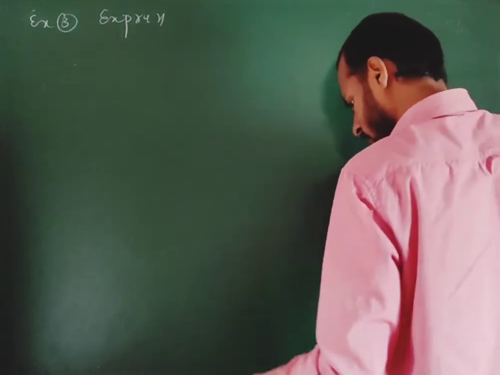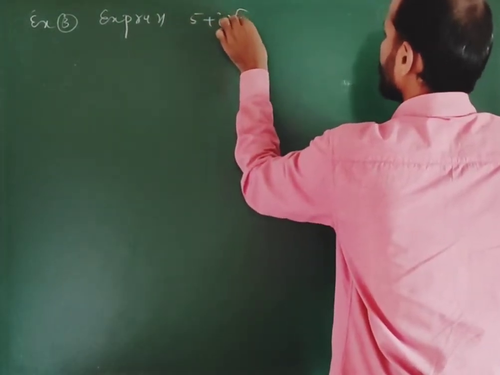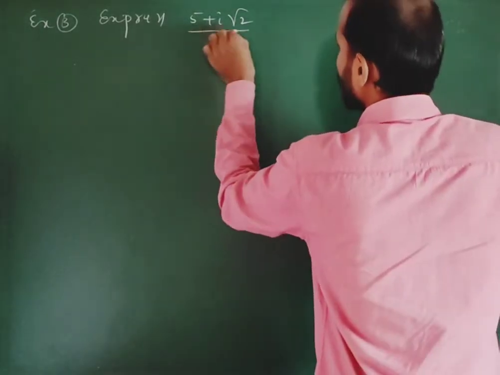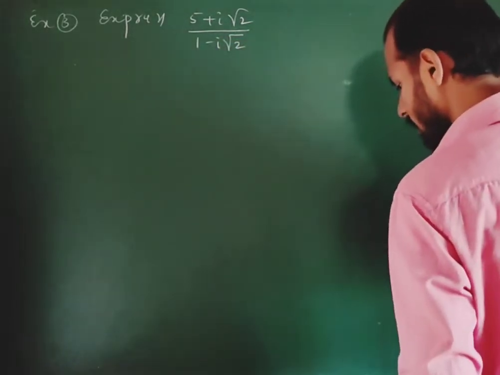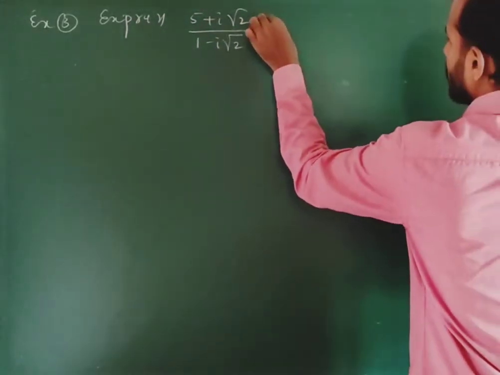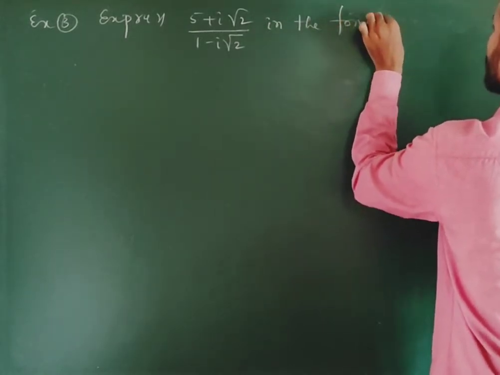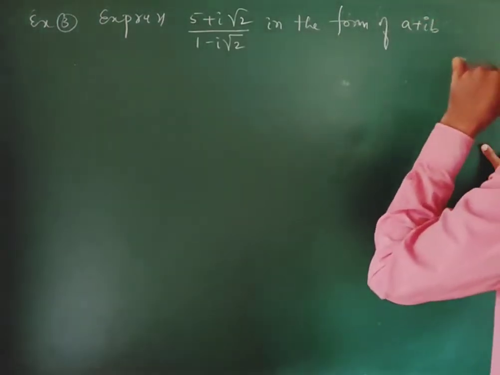Express 5 plus i root 2 divided by 1 minus i root 2 in the form of a plus ib, right?